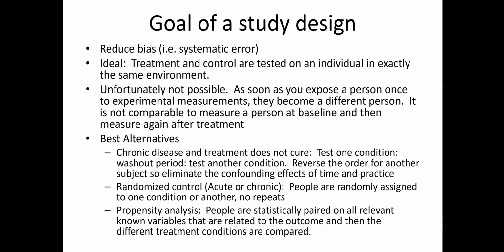It doesn't work if the person doesn't wash out. If you did two treatments right next to each other, the second treatment might be influenced by the effects of the first. You don't want that. You want a situation where the person is returned to baseline at the start of the second treatment, and then you measure them.